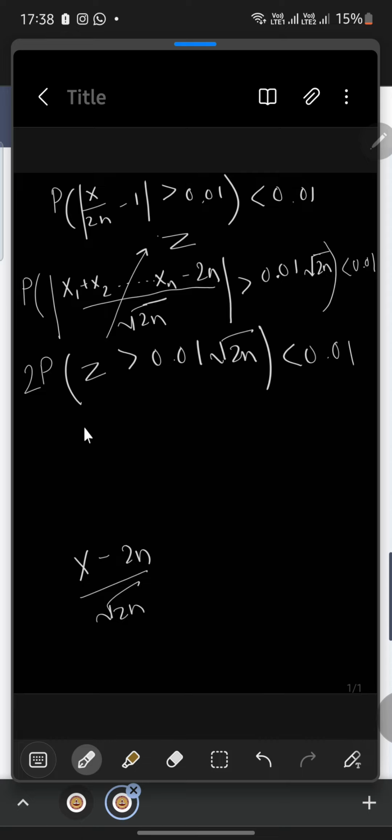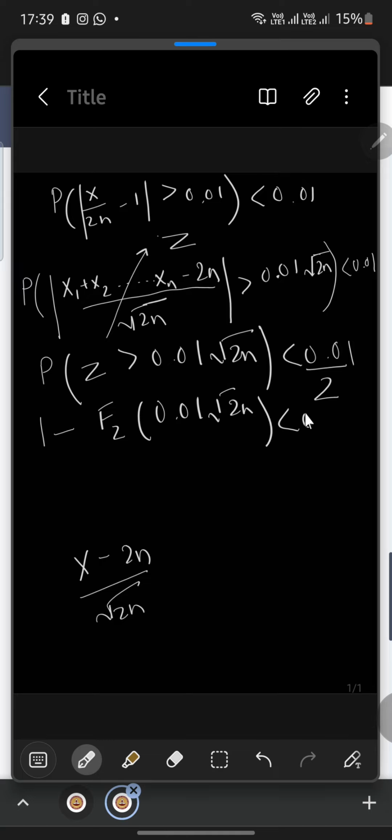Now we can write this like, I'll remove 2 and divide it here. So yeah, we can write this part as 1 minus F of Z, 0.01√(2n), right? So this would be less than 0.01 by 2.